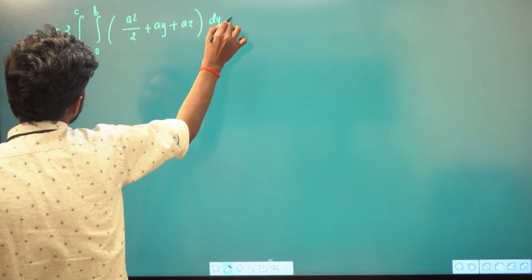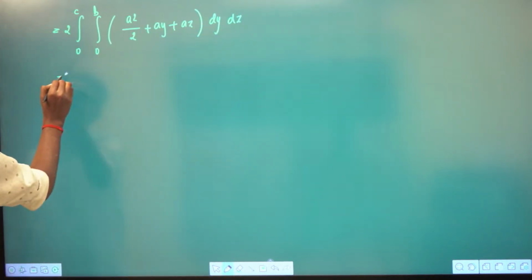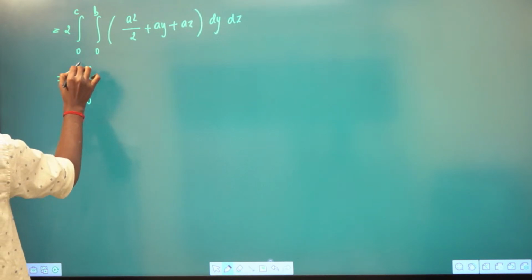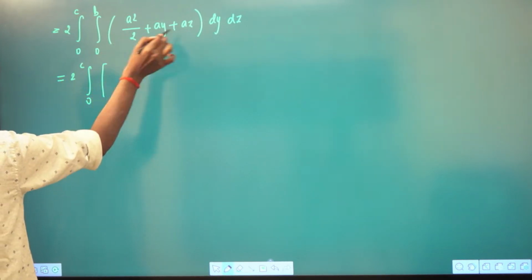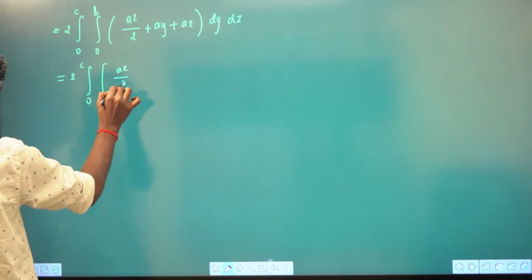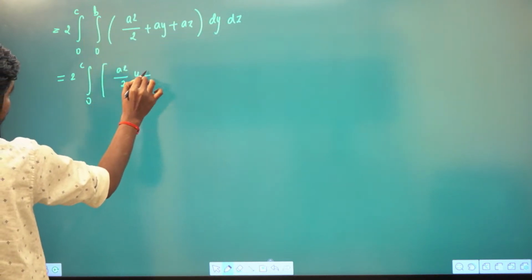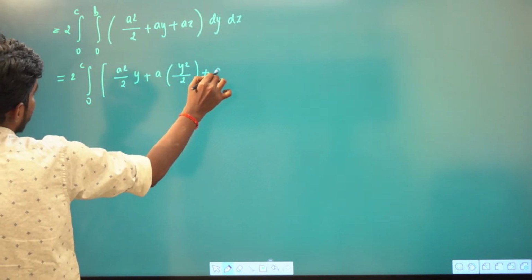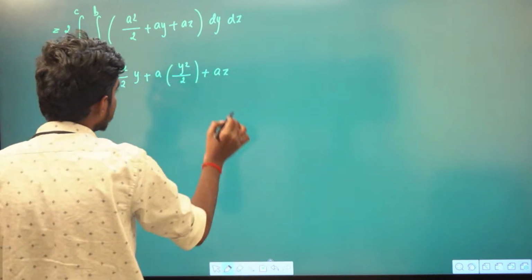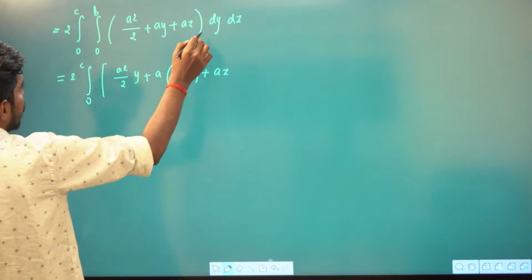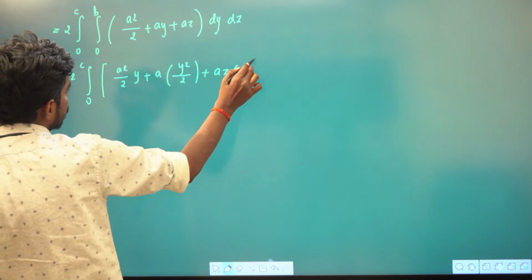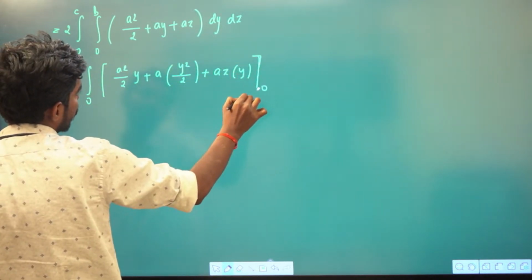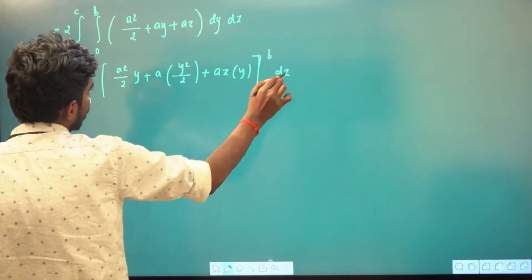Now integrate with respect to y. Here there is no y term, so a square by 2 is constant, integration of dy is y. Here y dy is y square by 2, and az is constant, and integration of dy is y. Y varies from 0 to b, and we have dz.